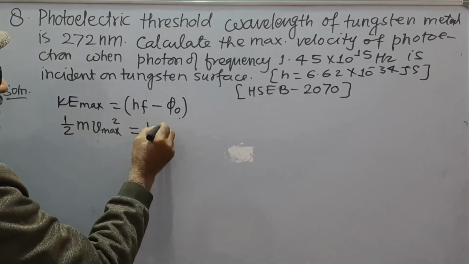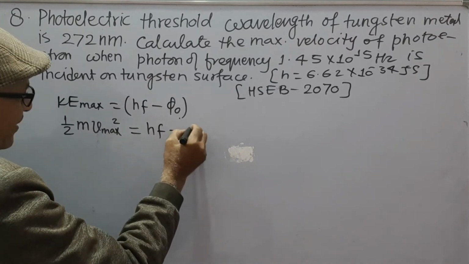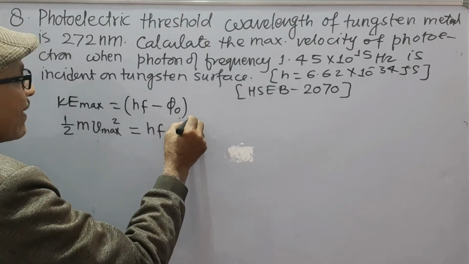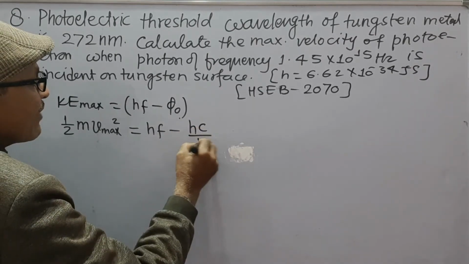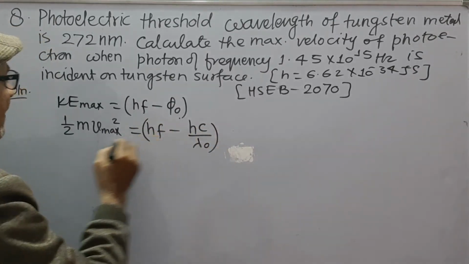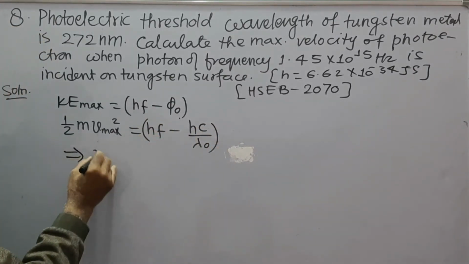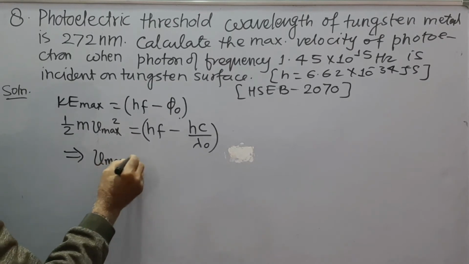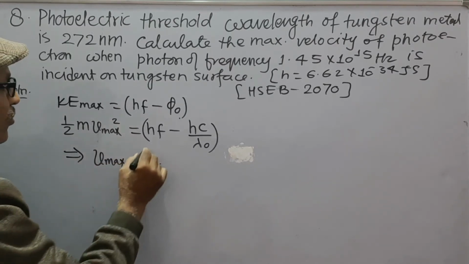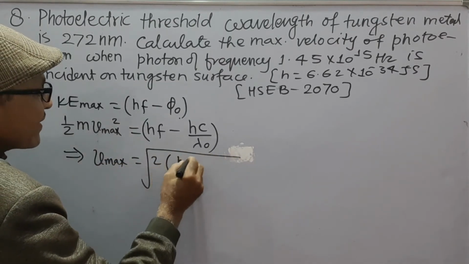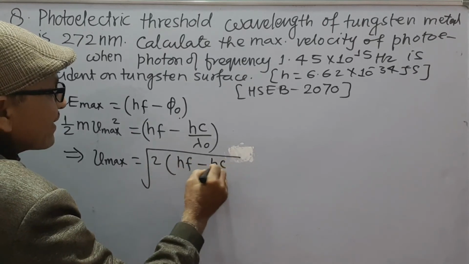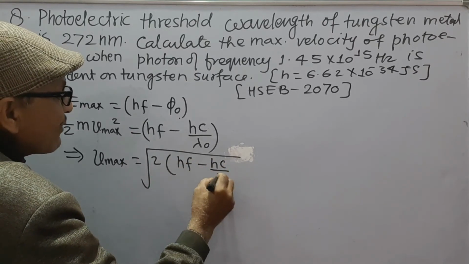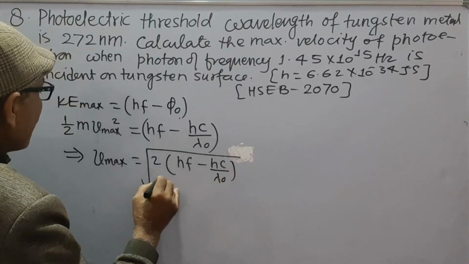This h f minus phi naught is hf minus hc upon lambda naught. Therefore, v maximum will be equal to under root 2 into hf minus hc upon lambda naught, upon m.